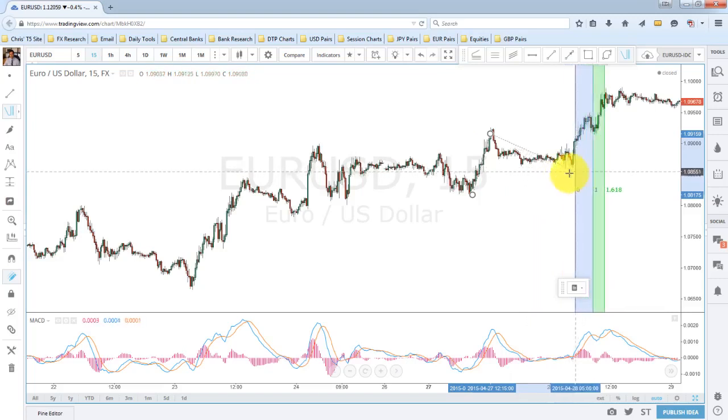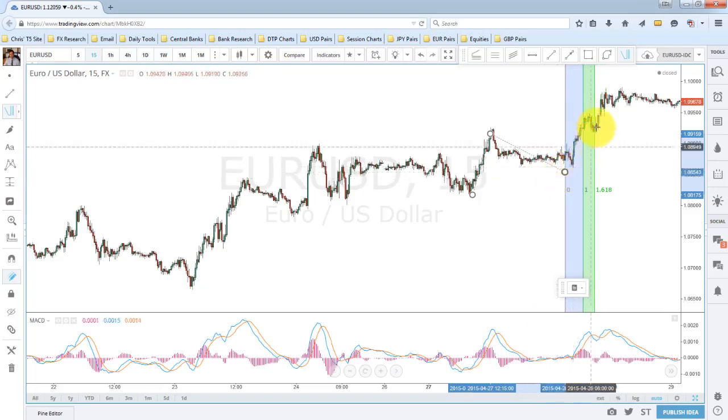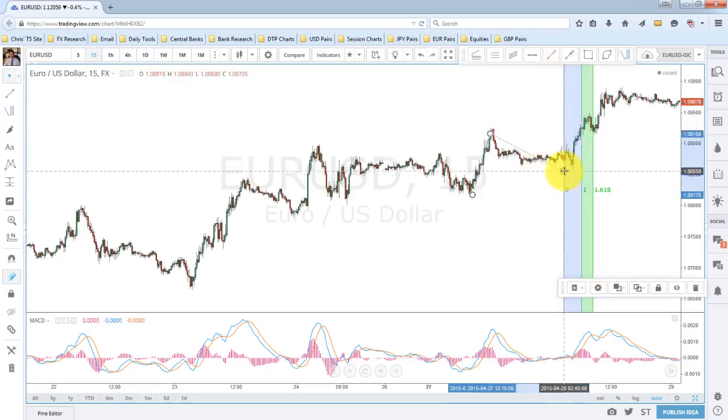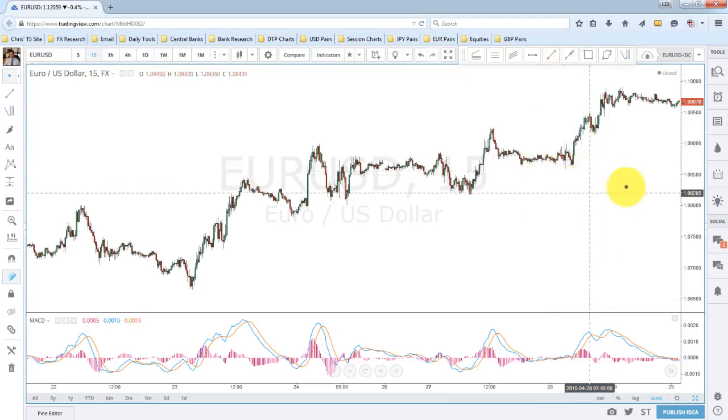Okay, so from the high to the low, you can see this is the 162% time extension. Price rallied, continued to rally past that expansion, past that projection right there. So that would have also given us a bullish bias for the next move. Okay, but again, I'm jumping ahead a little bit there, so we'll cover that here shortly.